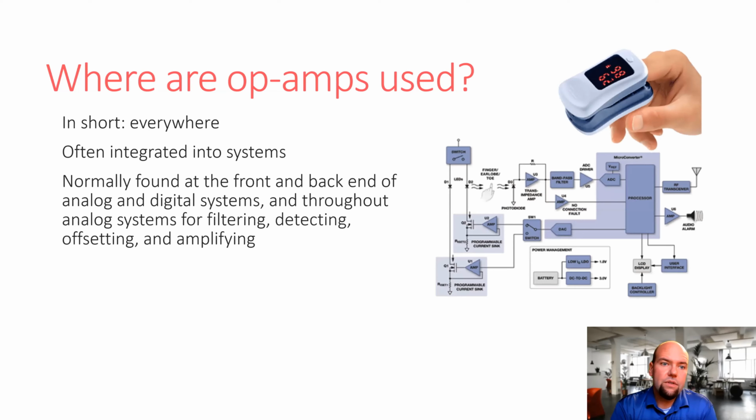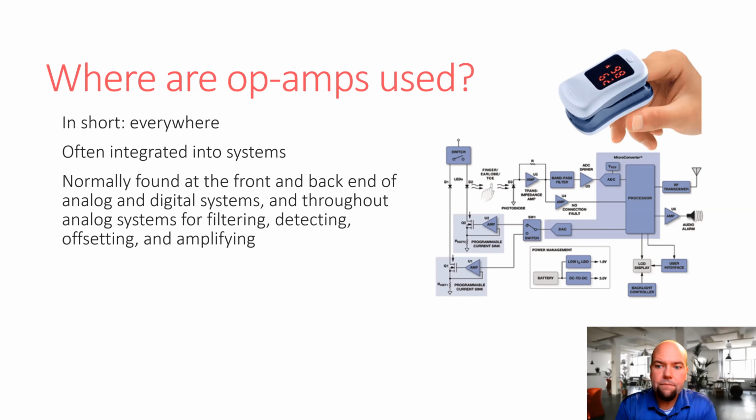Where are op-amps used? Well, these are so versatile, they're basically used everywhere. Almost every system other than pure digital systems, almost every system that interacts with the real world in one way or another, is going to have an amplifier. And if it has one, it's probably going to be an operational amplifier. Sometimes these are integrated into existing systems, so you don't always see the op-amp.